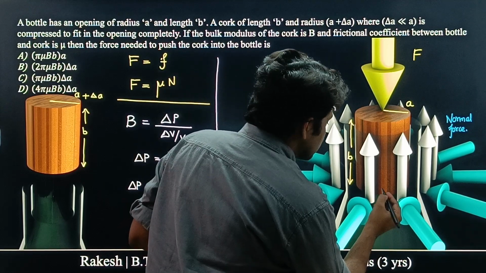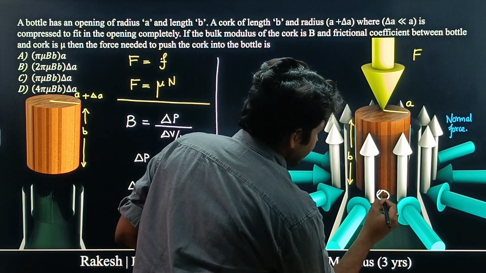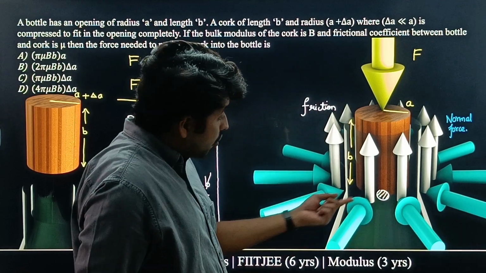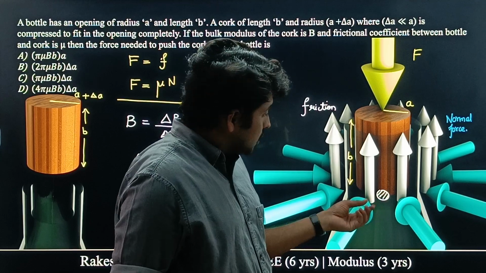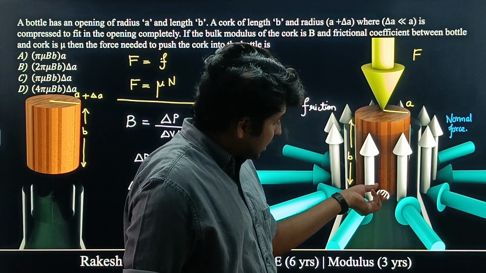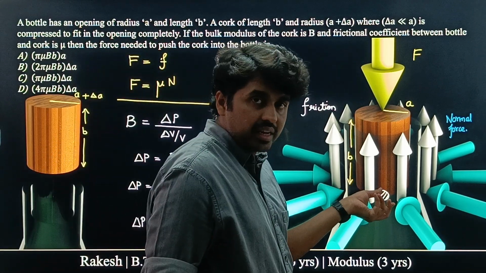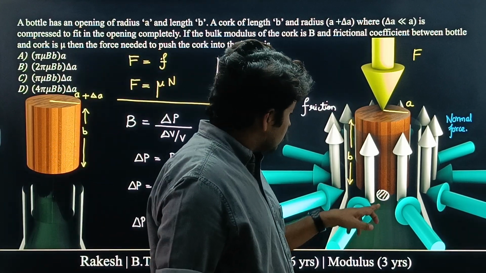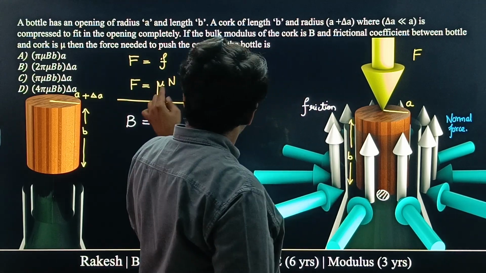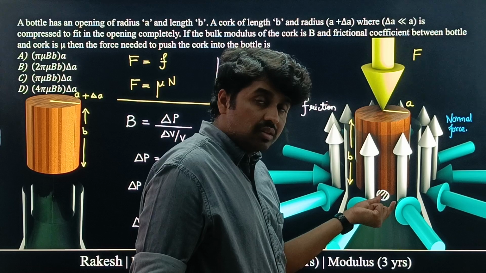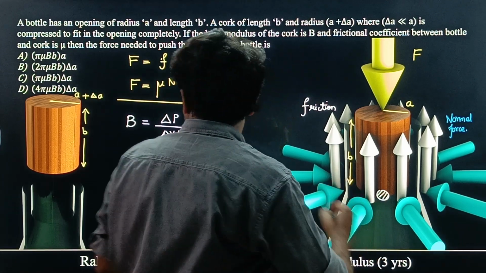Now let us take a small area here on this cork. If we take a small area here, what is the force applied? Force is pressure into area, right? So the small normal force that is applied here is this pressure into this small area. So the friction force here will be mu times the normal force in this small area.